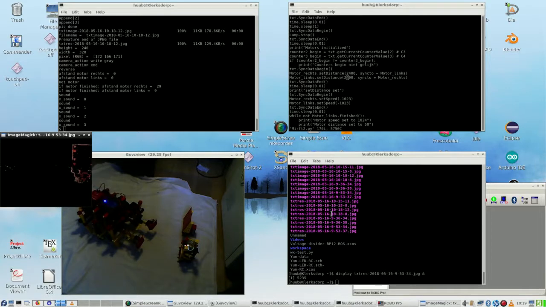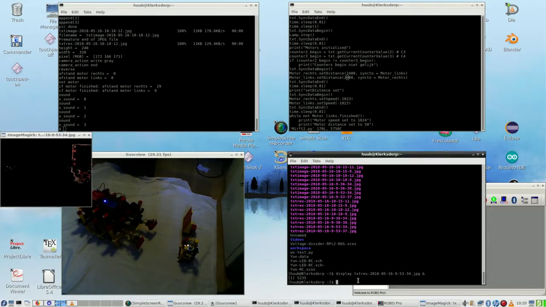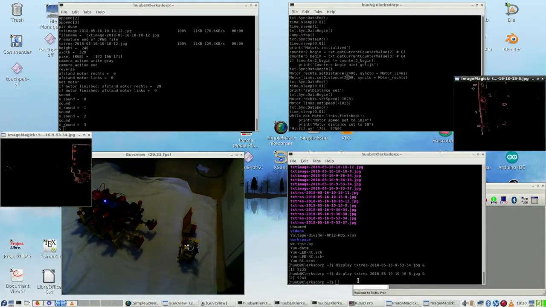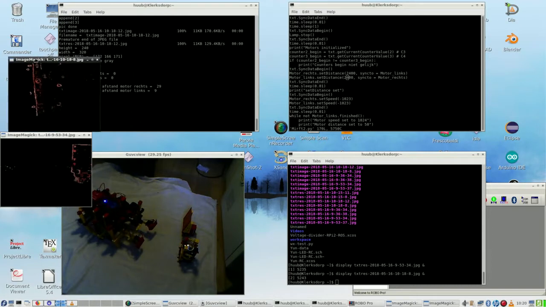So I should look at this image. Then let's say 18. And that's a very different image. That is this one. So how red is it anyway? I see the contours.